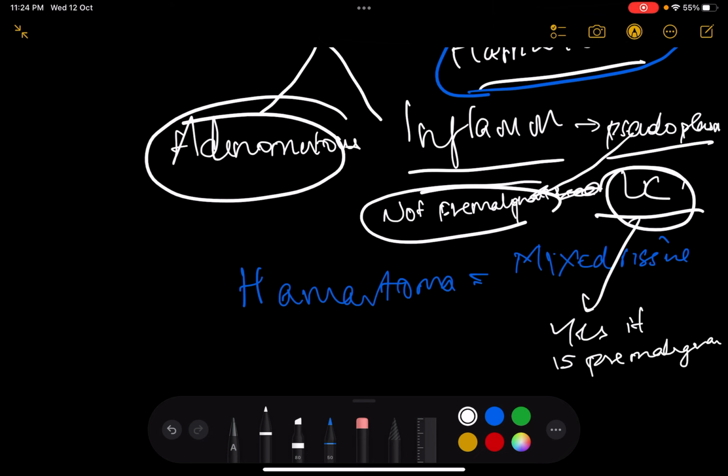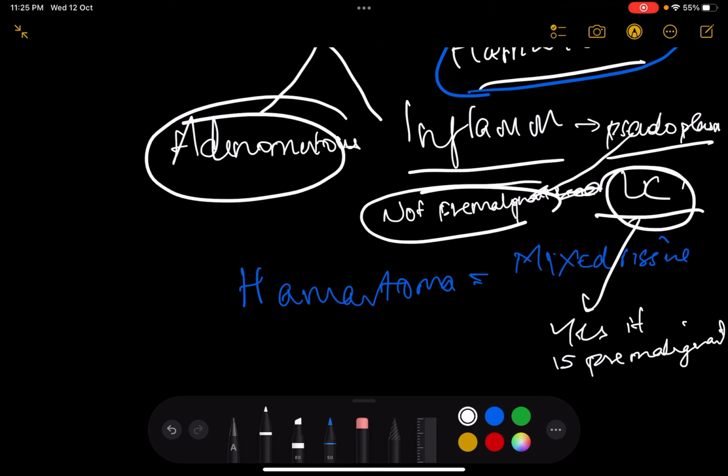So let's say you see a pseudo polyp, or you see a hyperplastic polyp, you cannot say it's a pre-malignant condition, unless there is a background of ulcerative colitis or Crohn's, and if it's a pseudo polyp, obviously it has to be ulcerative colitis.